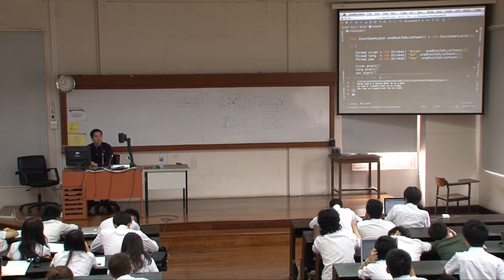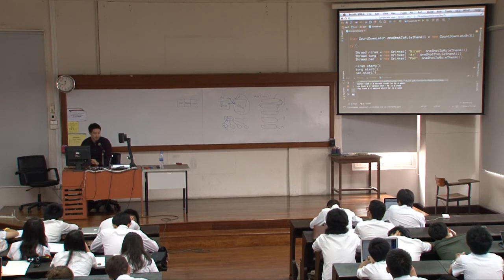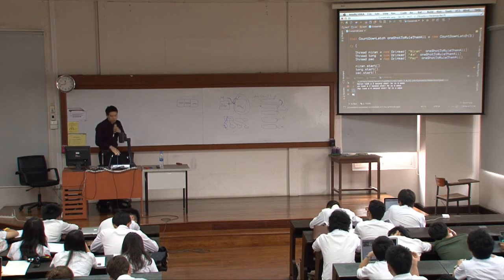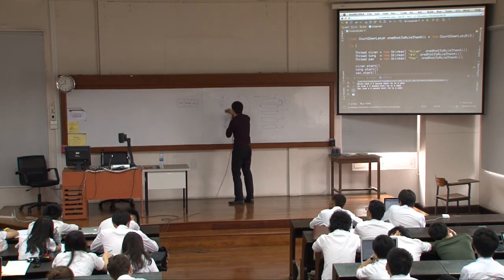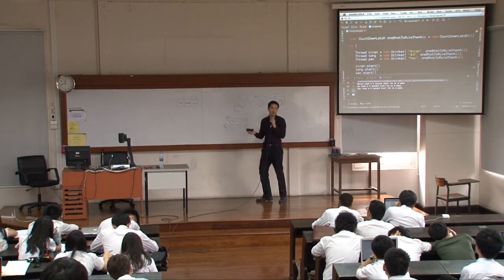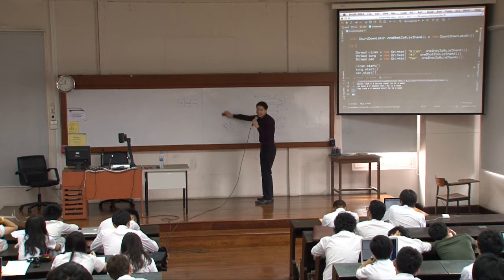So what's the usage of countdown latch? You want to use the countdown latch whenever you run into this situation. It's not only applicable when you have people drinking, okay? Let me generalize that. So that was just an example.